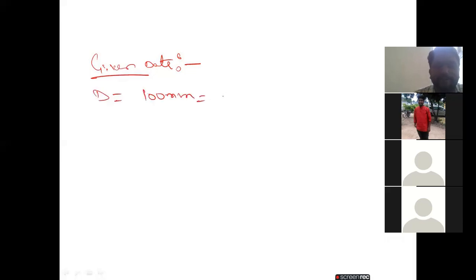So now I will write the given data. It is very easy, please understand clearly. The external diameter capital D is 100, which in meters is 0.1 meters. The internal diameter is 50, which is 0.05 meters.